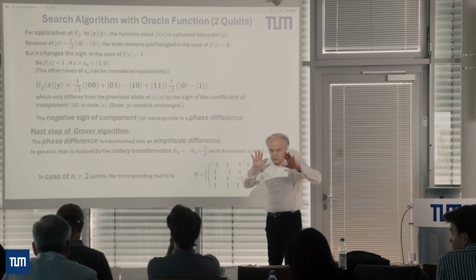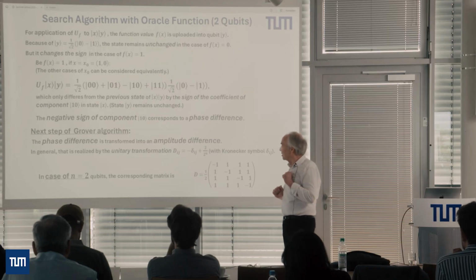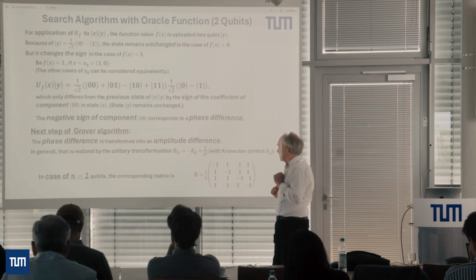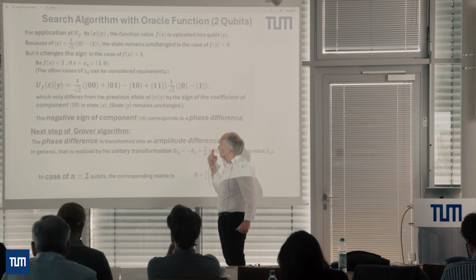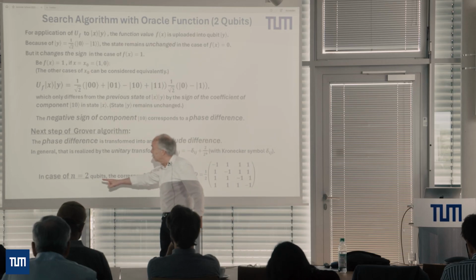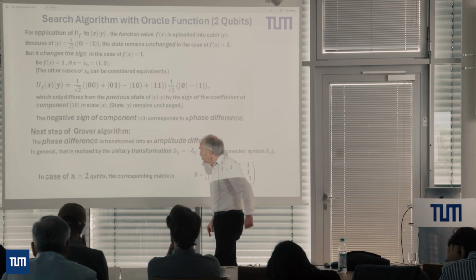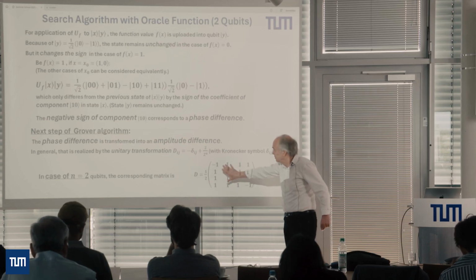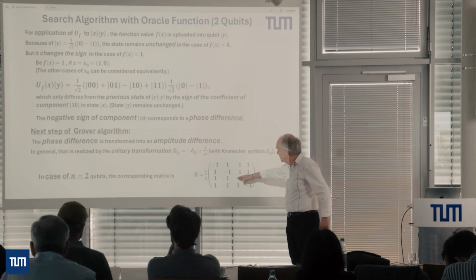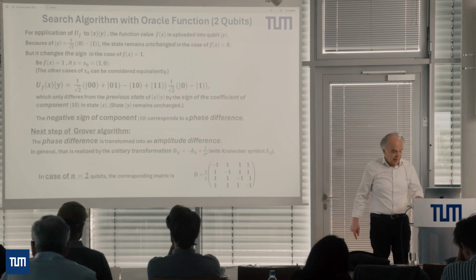The amplitude difference, the task is to diminish and to increase the concerned probabilistic amplitudes, and that can be realized by a transformation, again a unitary transformation. And in the simple case we are considering here with n equal to 2 qubits, we get the representation of this unitary transformation by this matrix here with the minus sign in the diagonal values.